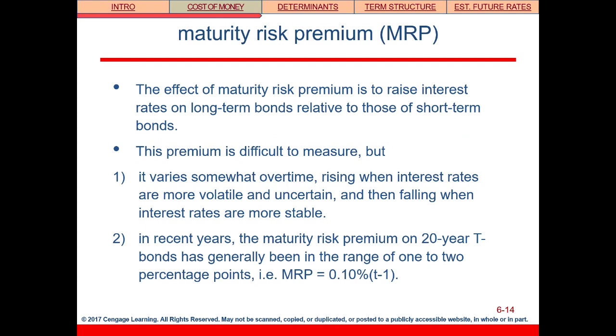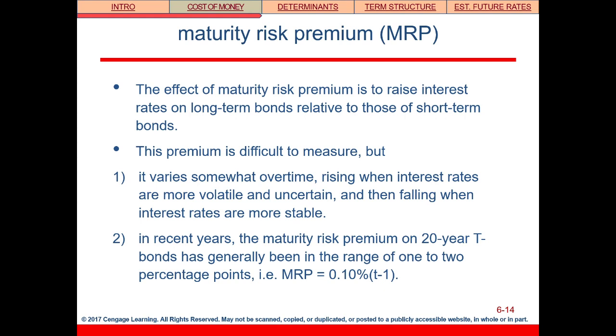The effect of maturity risk premium is to raise interest rates on long-term bonds relative to those of short-term bonds, right? Because long-term bonds have bigger exposure to the maturity risks because they have longer maturities. Therefore, they are charged a higher rate of return to compensate for this uncertainty risk. Yeah.